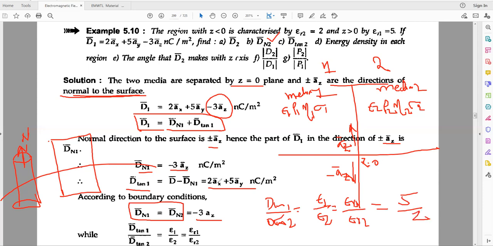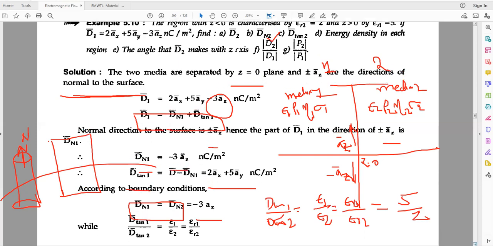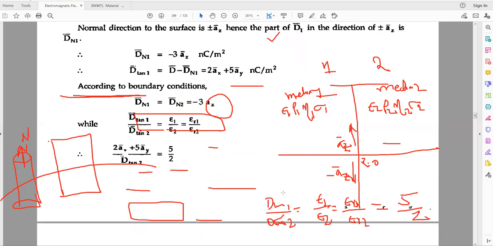D tan 1 is equal to 2 AX bar plus 5 AY bar. I can find D tan 2 from this equation.